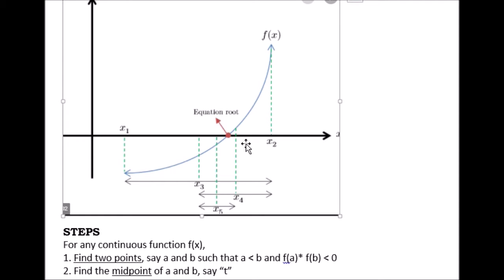Ganito yung pinaka-step niya. First, kukuha tayo ng initial values. Say, for example, meron kang x1 and then x2. Okay? And then, i-divide natin yung dalawa. We will get the midpoint of the two. Say, for example, andito siya. Okay? And ito-try natin yung value nitong x kung our f of x is equal to 0.